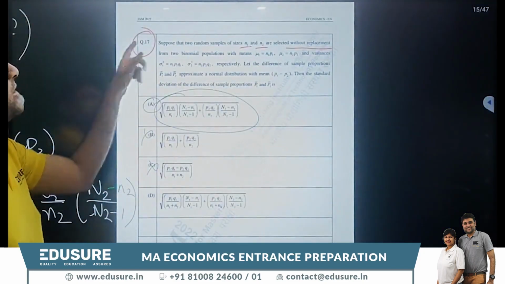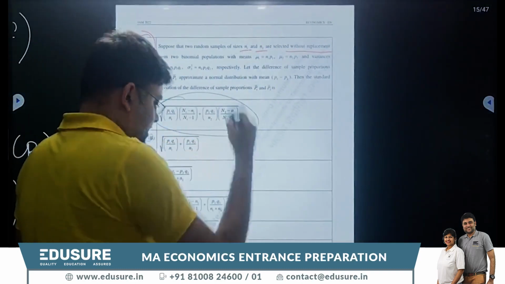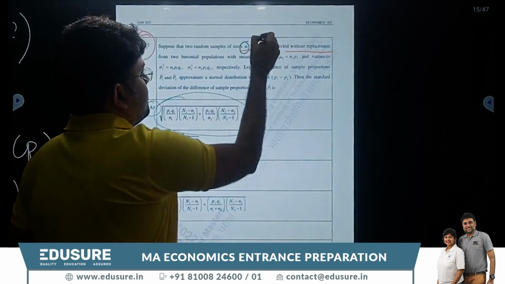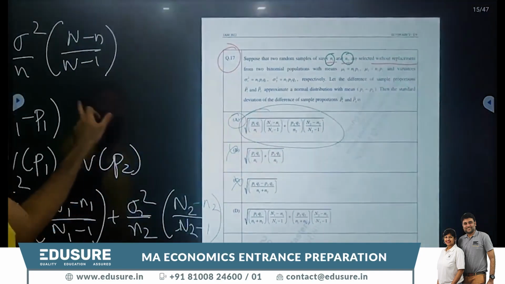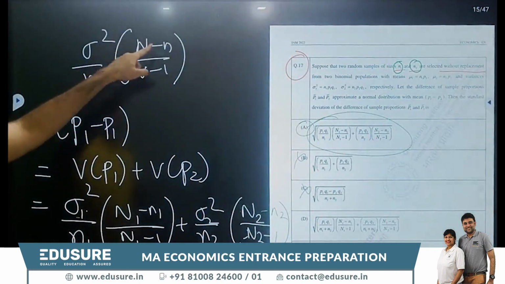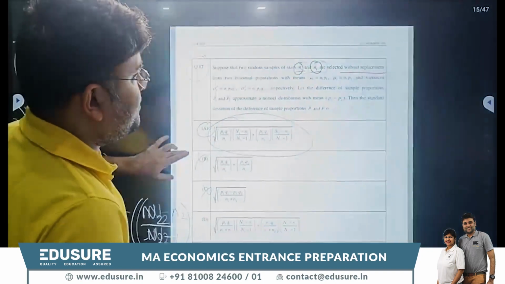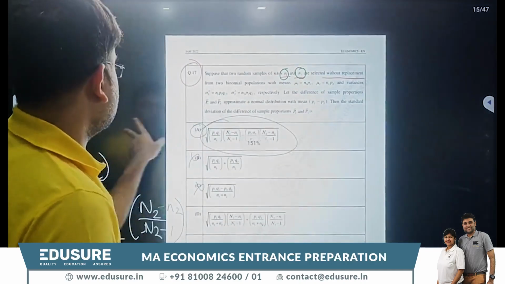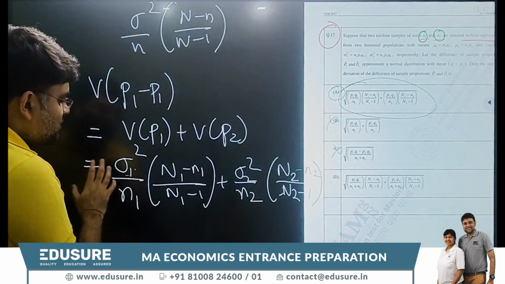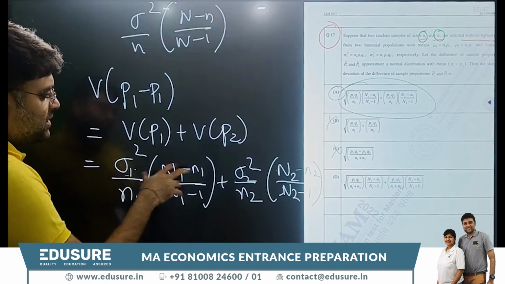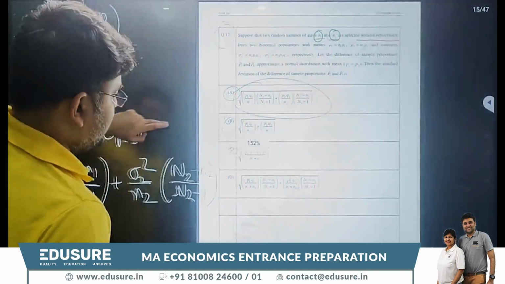IIT JAM 2022, question number 17. We have two random samples, n1 and n2, selected without replacement. Remember, in the without replacement case, we had the formula sigma square by n into N minus n by N minus 1. And the variance of the two proportions is what we have to find here, which is basically going to be variance of proportion 1 plus variance of proportion 2, which is nothing but sigma 1 square by n1 into this, plus sigma 2 square by n2 into N2 minus n2 by N2 minus 1.